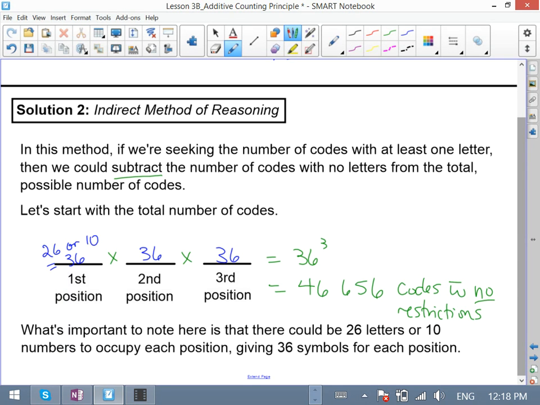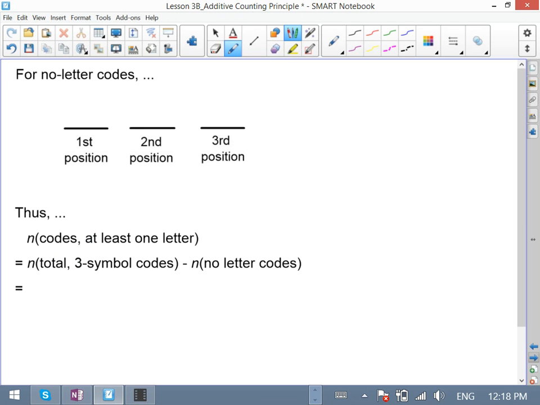So that's codes with no restrictions. Any number or any letter can occupy any of the positions. To finish the process off, let's have a look at no-letter codes. The 26 letters are not considered, which means we have 10 numbers to consider, 0 to 9 inclusive. So the third power of 10, or 1,000. So we have 1,000 possible no-letter codes.